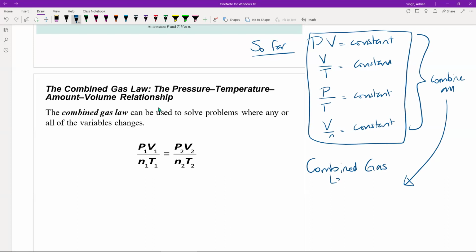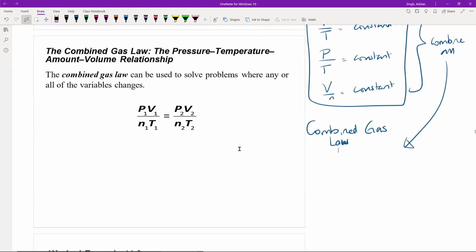It's not very inventive in terms of the name, because all we're doing is combining. And when we combine these different parameters, what we end up with is PV over N times T is equal to a constant.